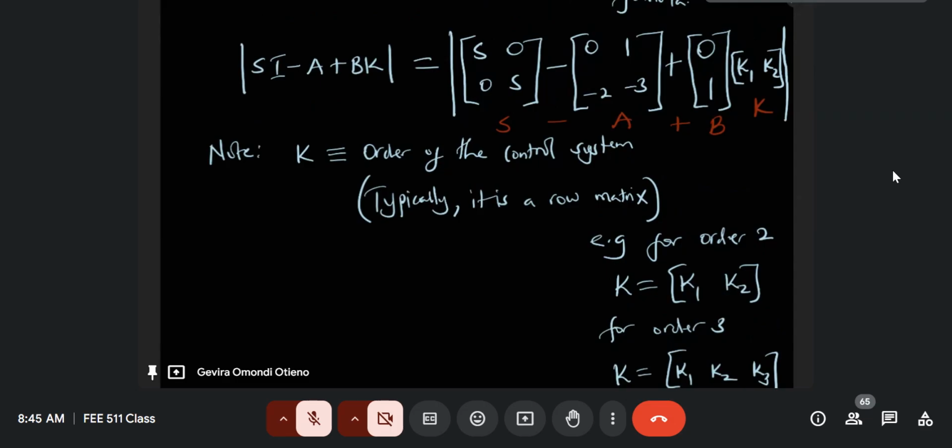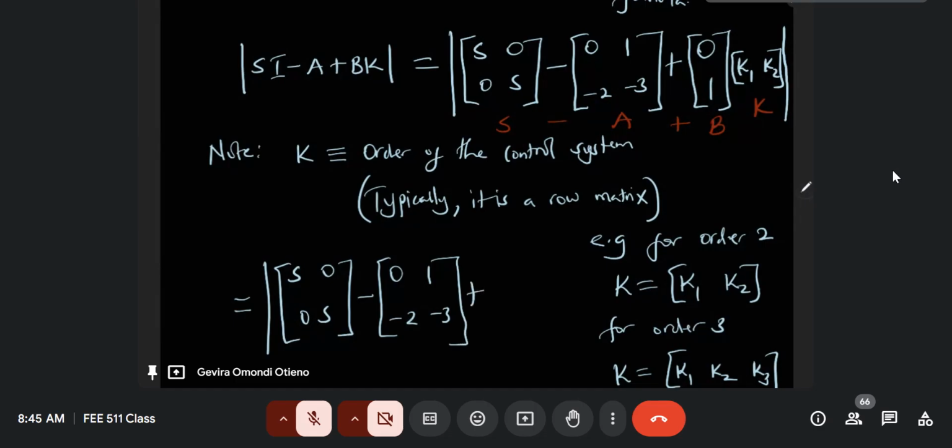So now, when we solve it, what are we going to have? Let me just indicate again, [s, 0; 0, s]. Remember, you have to get the determinant at the end of the day, so don't forget that determinant part. And then the other one was [0, 1; -2, -3].